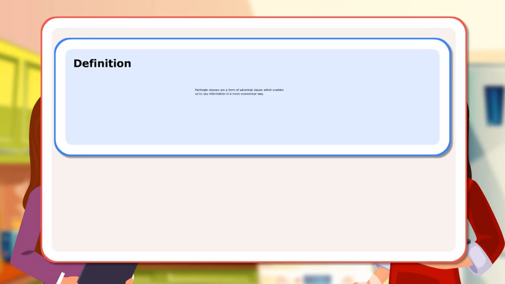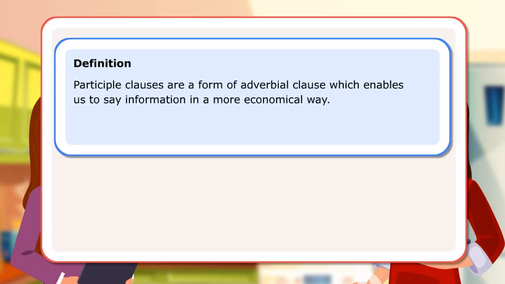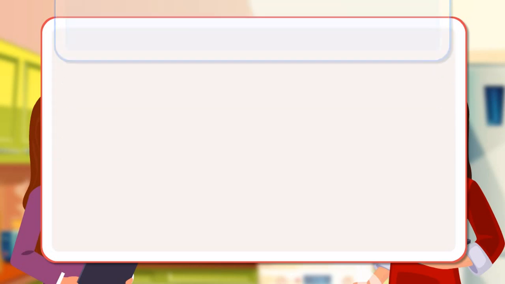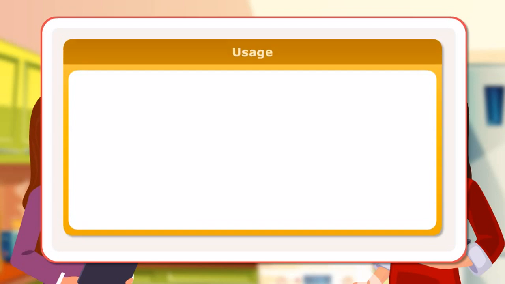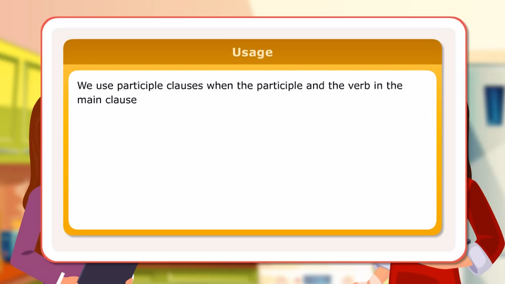Definition. Participle clauses are a form of adverbial clause which enables us to say information in a more economical way. Usage. We use participle clauses when the participle and the verb in the main clause have the same subject.